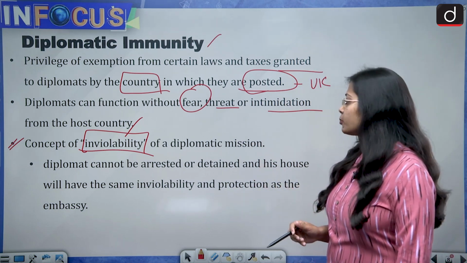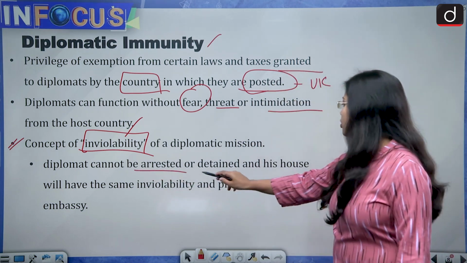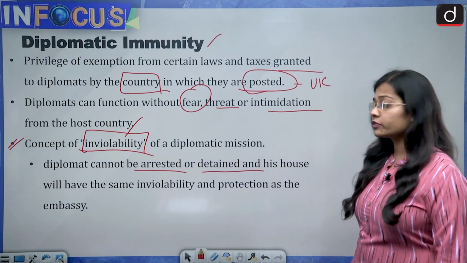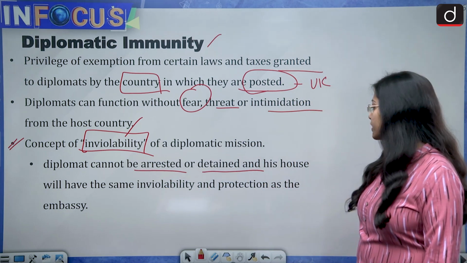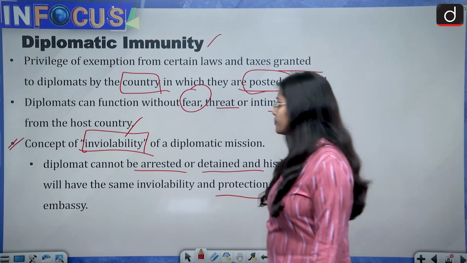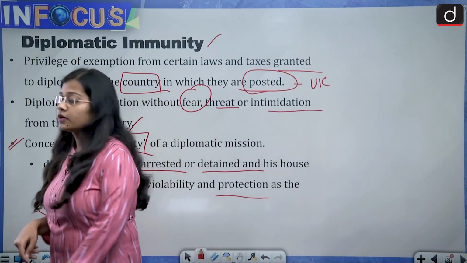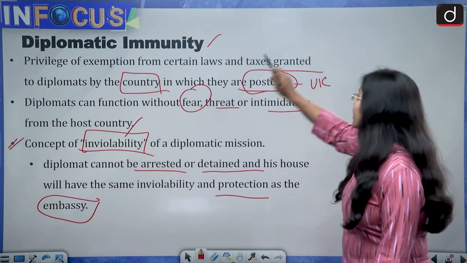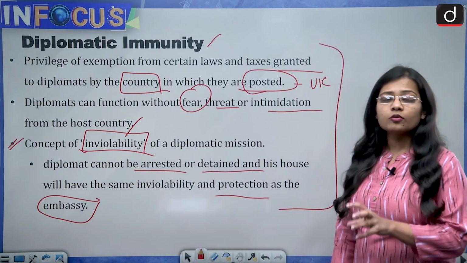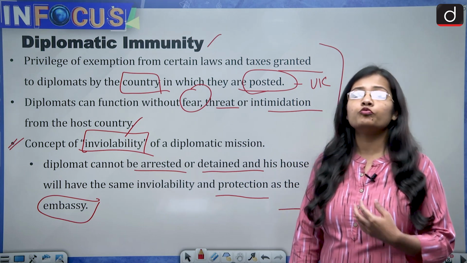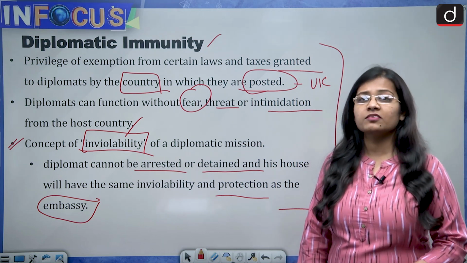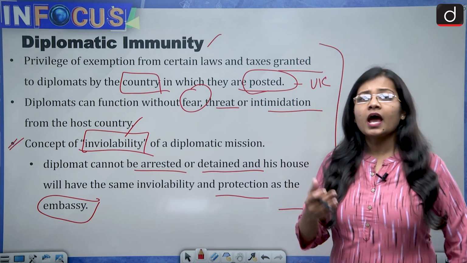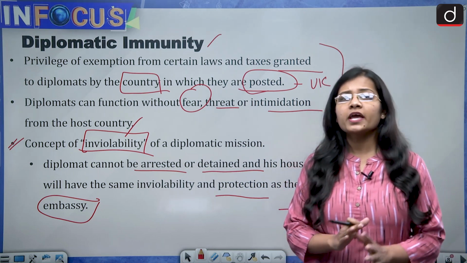That means the diplomat cannot be arrested or detained, and his house will have the same inviolability and protection as the embassy. Because the diplomats have all these kinds of immunities, only then is the diplomat able to work with objectivity and transparency in some other country and is not pressurized by anyone.